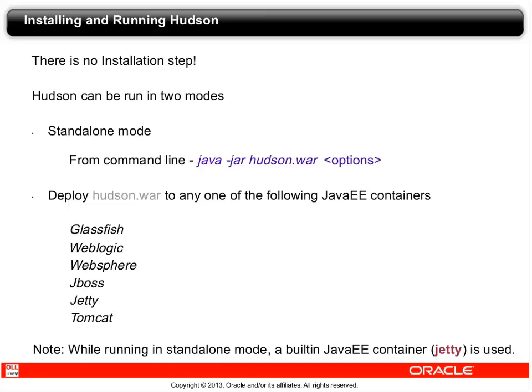So you don't have to deploy the Hudson WAR to another Java container to run it. But if you prefer that way, you can use GlassFish or WebLogic, or any kind of Java EE container available. You can simply do that also.